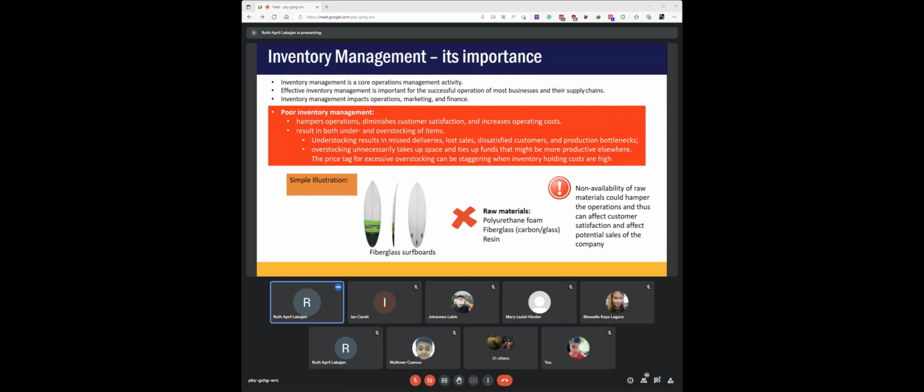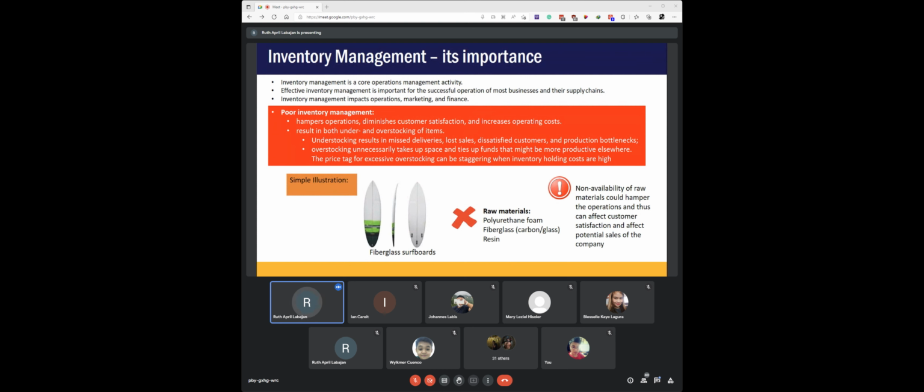Dili enough ang inyong raw materials to make the 500 fiberglass surfboards. So how does it affect your company? Basically, one, your operations is already hampered. Na stopping sa operations. You cannot produce without the raw material.